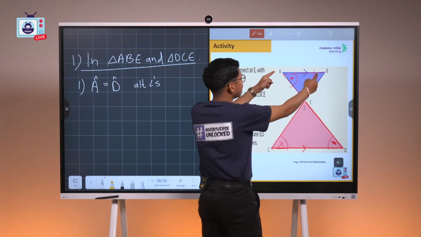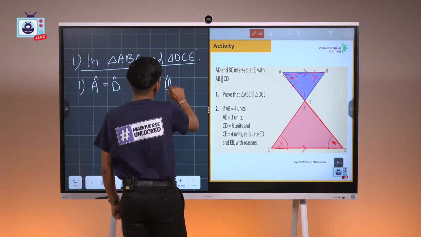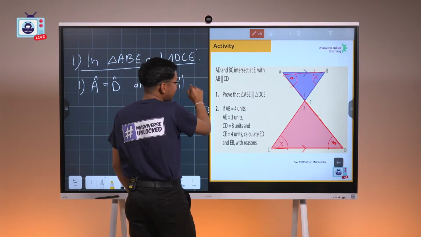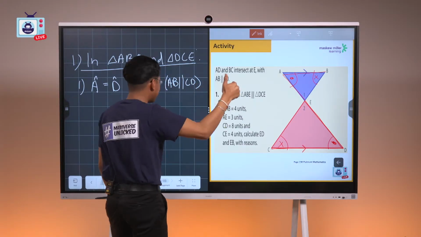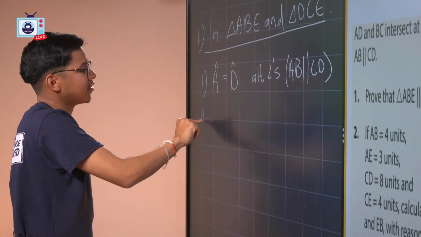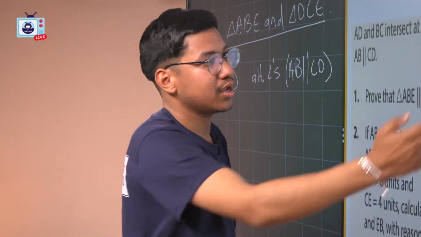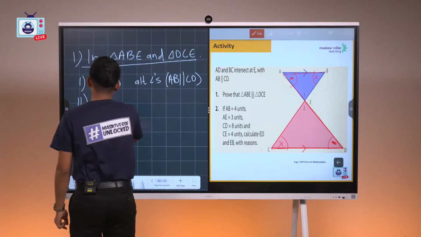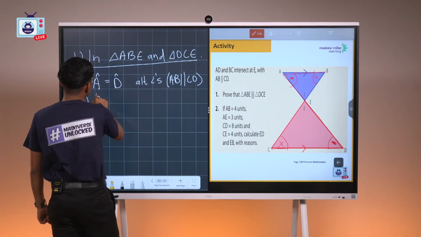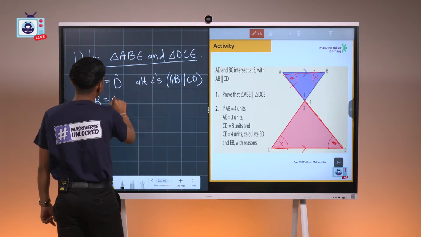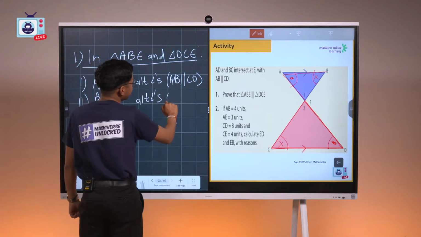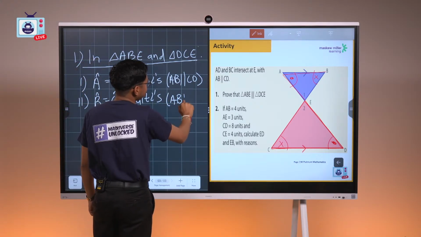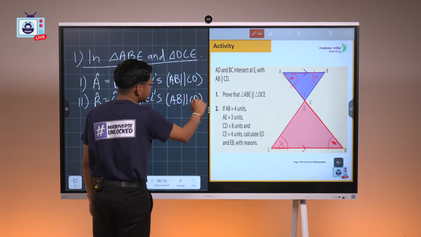It's the fact that this line AB is parallel to this line CD over here. There we go, one angle done. Another one, I know that this angle B is equal to angle C, and that's also because of alternate angles, for the very same reason that AB is parallel to CD.